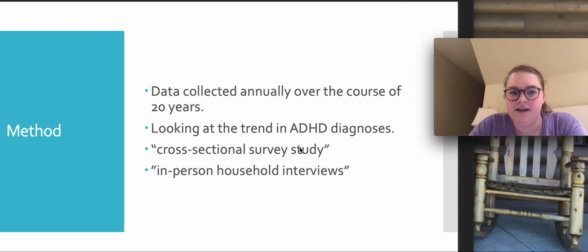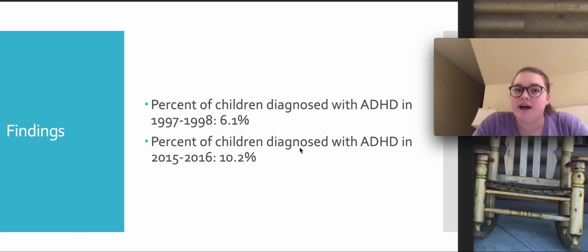It was a cross-sectional survey study. They did in-person household interviews with parents and guardians being there, of course. Their findings were that the percent of children diagnosed with ADHD in 1997 to 1998 was 6.1%, while from 2015 to 2016 it was 10.2%.